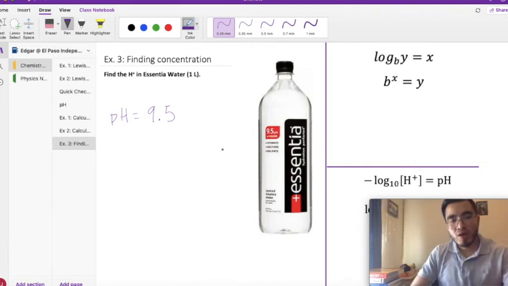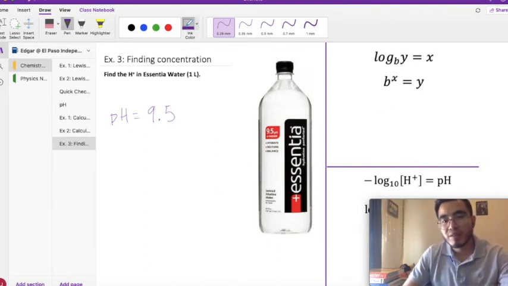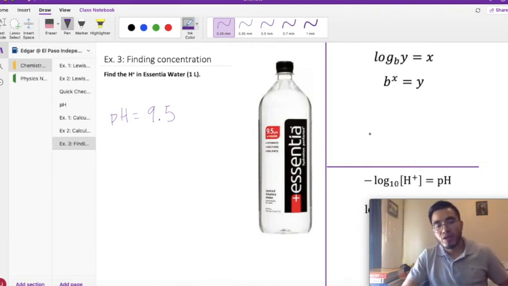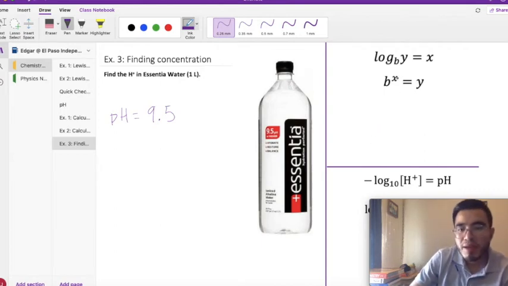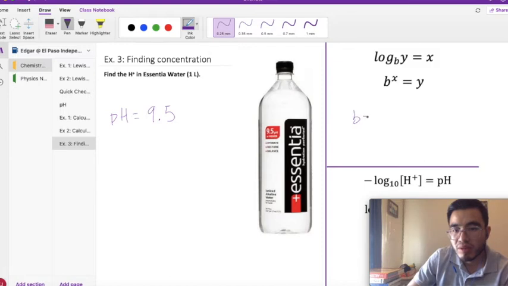Now remember how Ms. De La Peña taught us this about logs, where the B for us is always 10. So B equals 10. The Y was the concentration, or in this case the H plus.